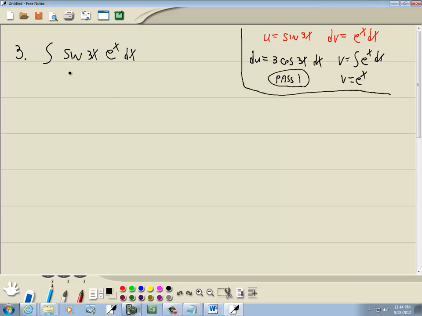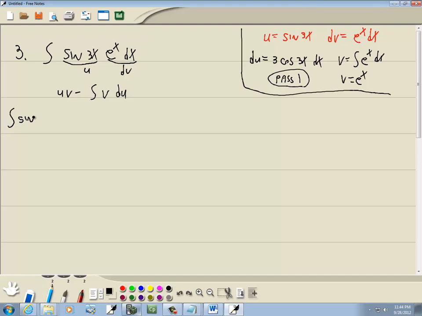So our formula for integration by parts, again, this is u, and this right here is dv. Our formula is uv minus the integral of v du. So let me plug in our values.